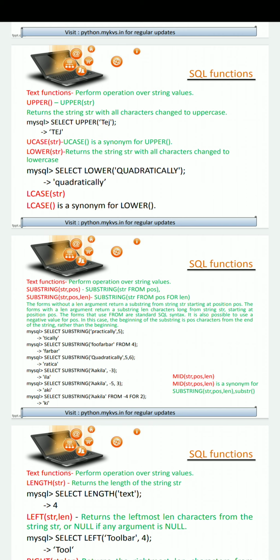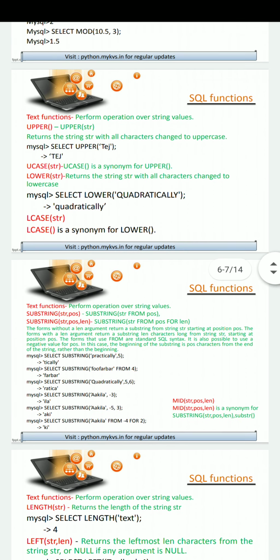If we press the enter key, the statement is executed and it returns TEJ in uppercase. Its synonym is ucase, means either we can use upper function or ucase function. Both functions perform the same operation.